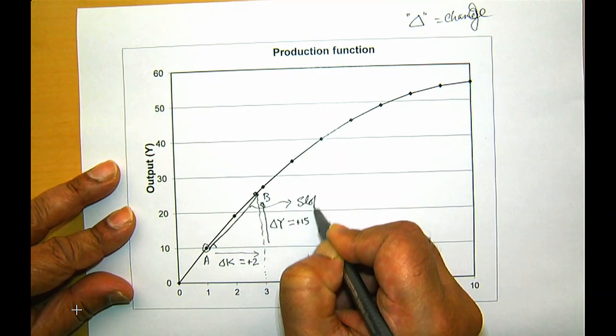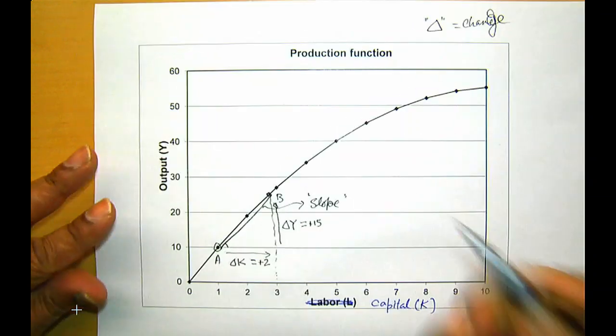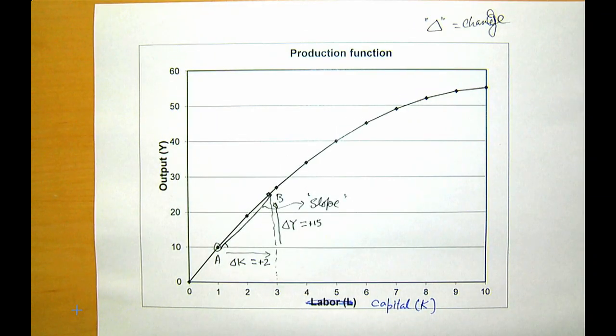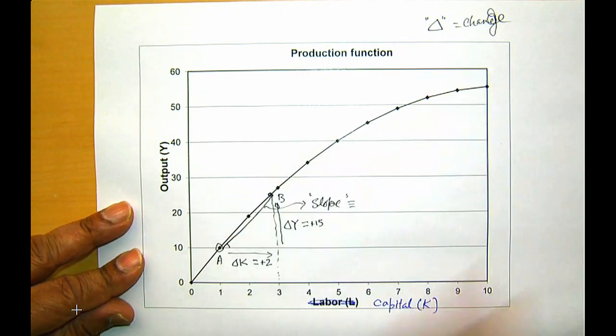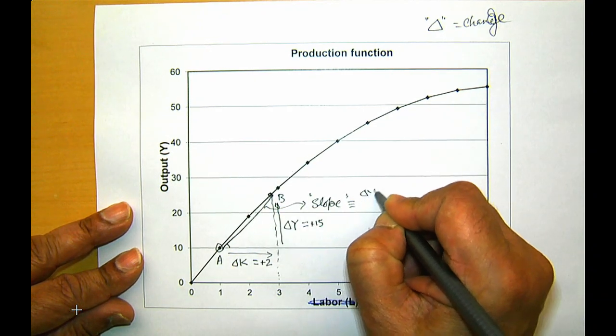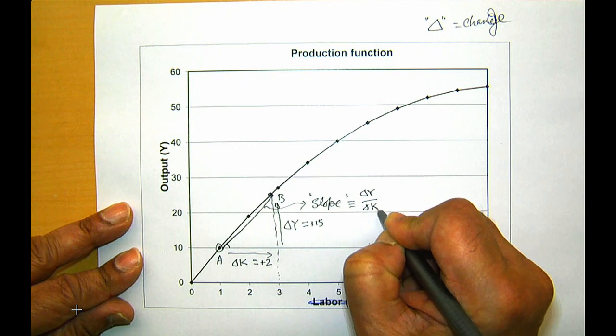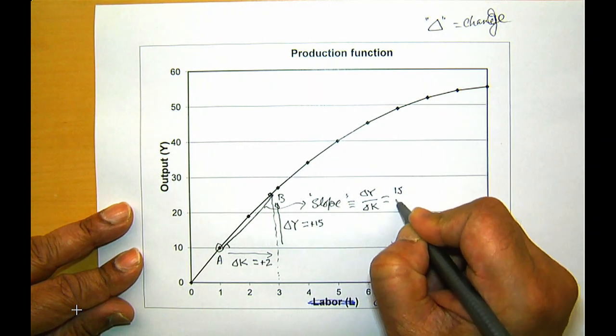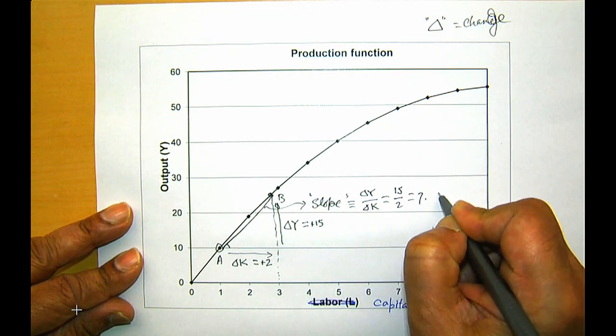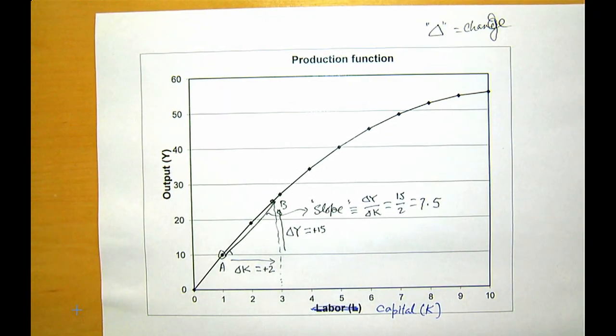This slope is going to be very important in economics as you go on and in this paper. So the slope of this production function in this area is delta y over delta K, and in this instance that is 15 over 2, which is 7.5. Any question on this?